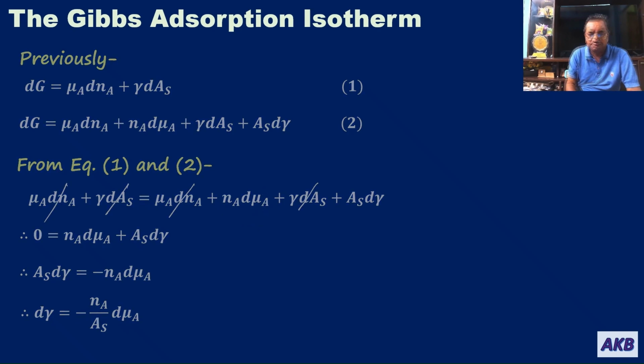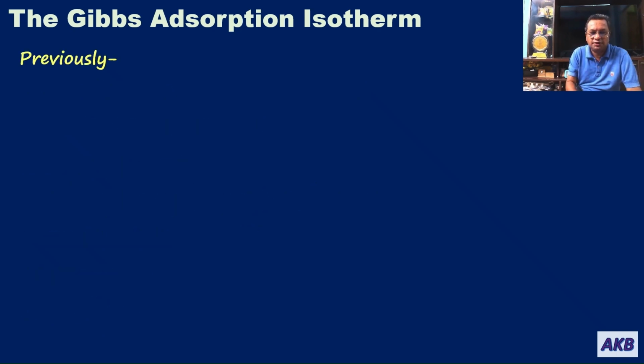Let us move ahead. Previously we got d gamma is equal to minus nA upon As into d mu A, and I'm calling it equation number 3. Remember, mu A is the chemical potential of A on the surface of the adsorbent, that is, the chemical potential of A in the liquid film that we have assumed on the surface of the adsorbent.